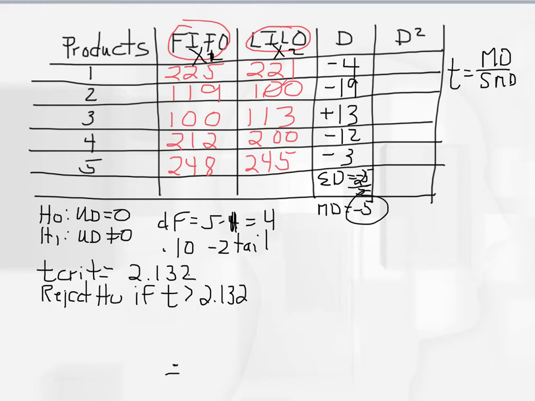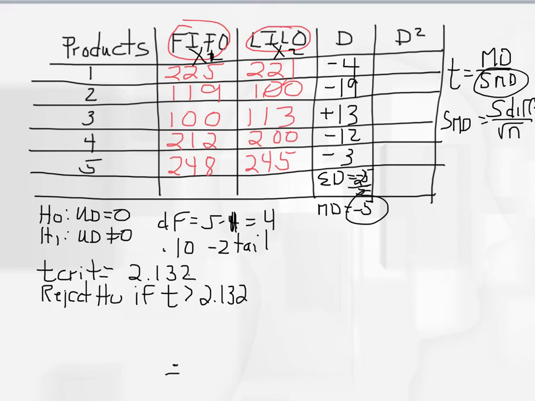But we have to compute the standard error of the mean difference. To get the standard error of the mean difference, we have to get the standard deviation of the difference scores and divide it by the square root of the sample size.